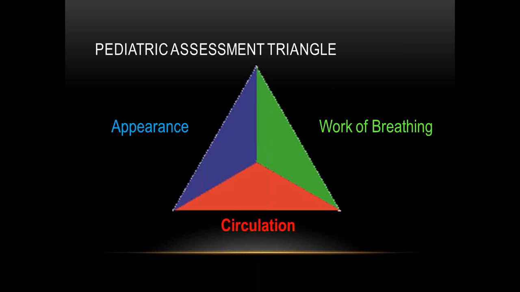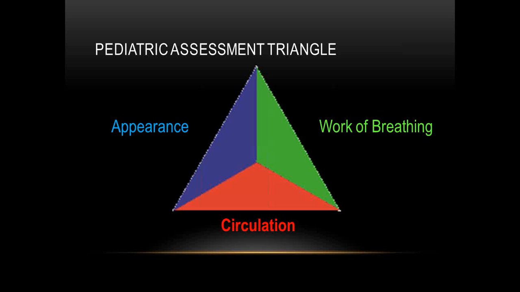The last thing we want to look at is circulation. Now, from across the room, pretty much that's going to consist of, are they bleeding and what's their skin color? And that'll tell you a lot. If they're bleeding, then we know that their circulation's been compromised and there could be a problem here.